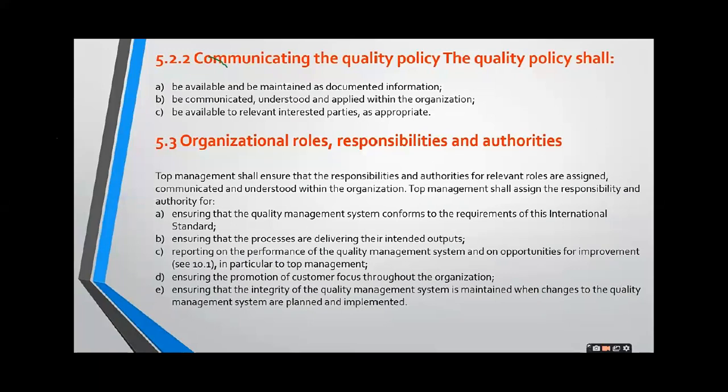So the top management is still here, and another responsibility of the top management is ensuring that the roles, responsibilities, and authorities are well defined within the organization. They should assign the responsibilities and authorities. Let's discuss this. It will take a little bit of time. First, they should assign the responsibility and authority for conforming to the ISO standard.